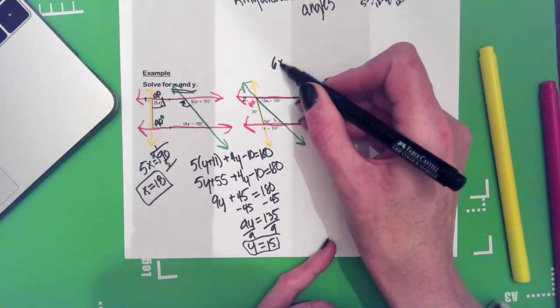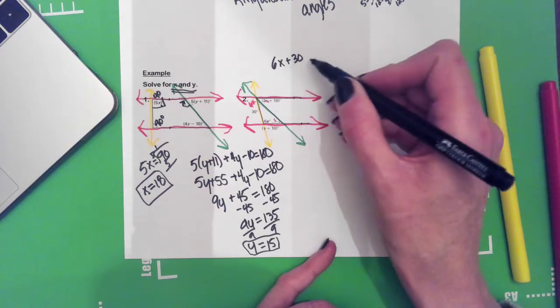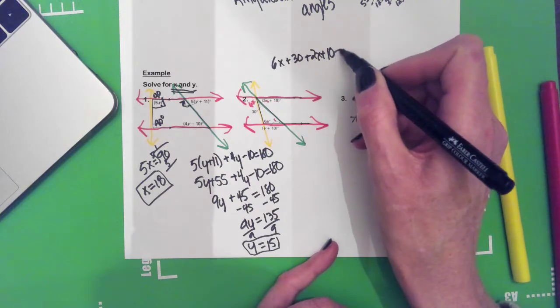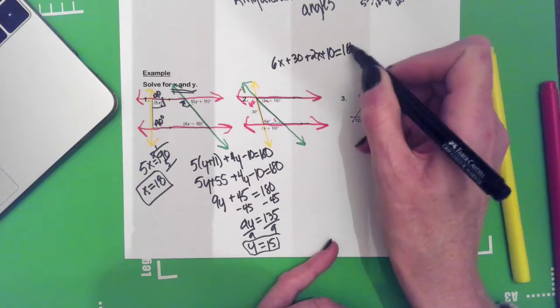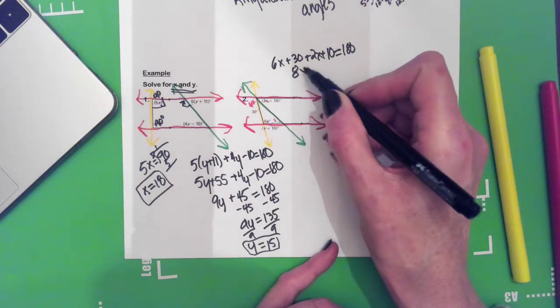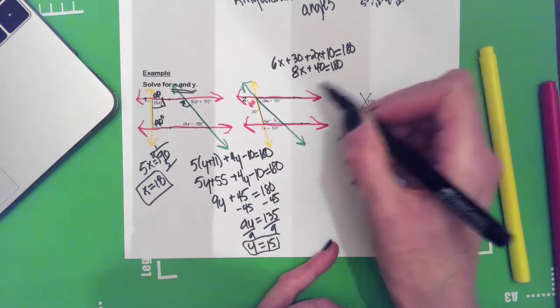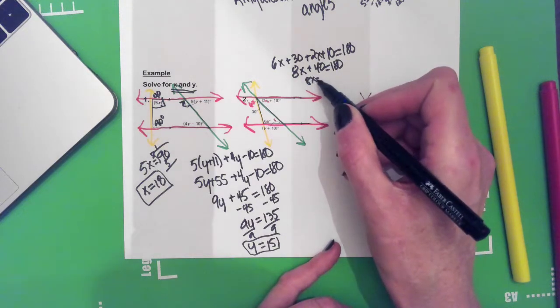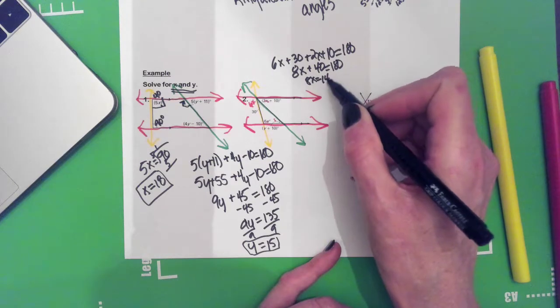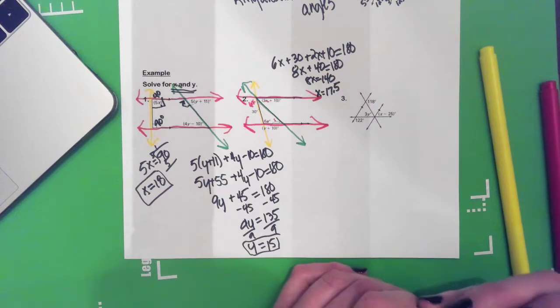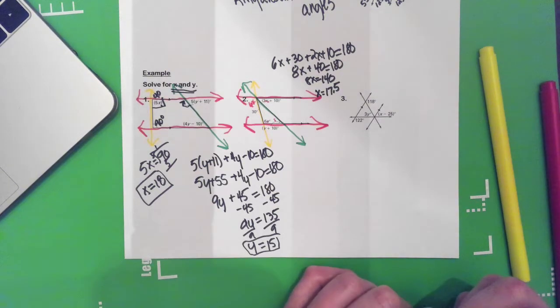6x plus 30 plus 2x plus 10 equal to 180, which is 8x plus 40 equal to 180. 8x equals 140. X equals 17.5. Now I have to figure out how I am going to substitute in that x for something.